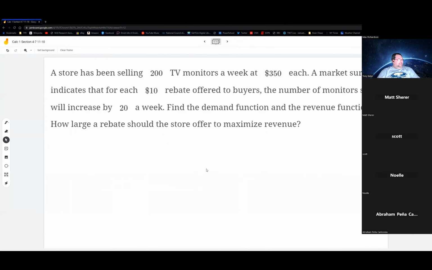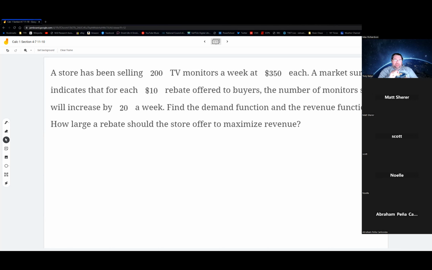All right. We are going to do a very simplistic economics problem. Because the other place that this is used is actually in economics. When you're looking at profit margins and break-even points, when you're looking to maximize revenue, supply and demand says that as the price goes up, demand's going to go down, because that's typically what happens.